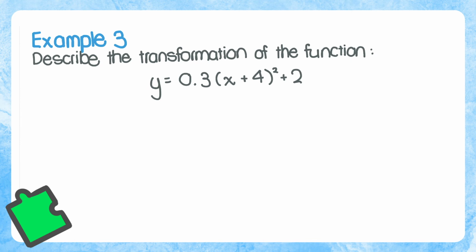So on Edpuzzle, please describe the transformation of this function, y equals 0.3 times (x plus 4) quantity squared plus 2. And try sketching it in your notes as well. What would the transformation look like here?